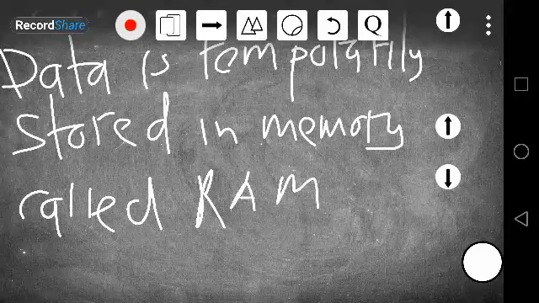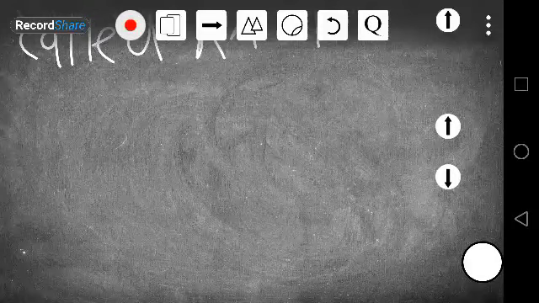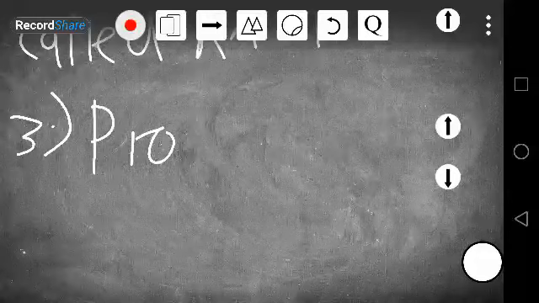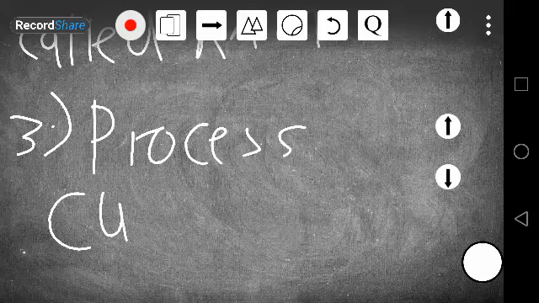We move on to process. Component number 3 is process. In the process, we have two components. The first one is the CU, or the control unit, which manages the commands and I/O, or input output.